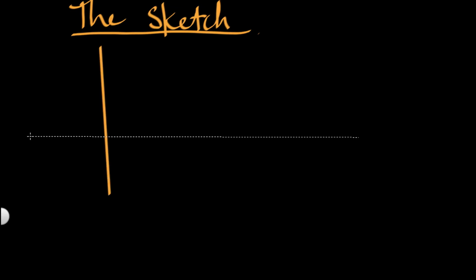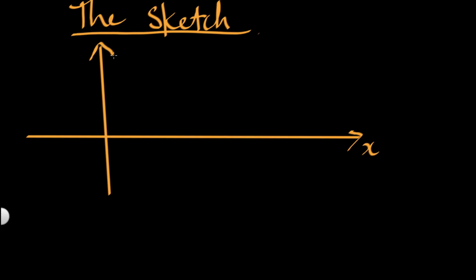Now let us say your area that you're sketching, the importance of the sketch. Let me say the sketch here, and why the sketch is important. If you sketch your Cartesian plane like this, you have your x here, and this is your y.